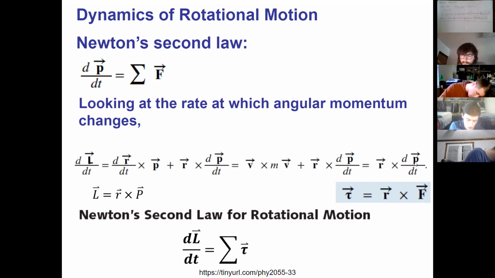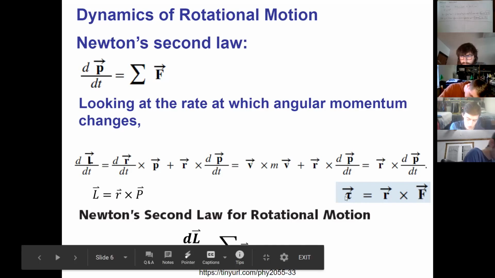Now, dP over dt in linear motion, we know is equal to net force F. So this is equal to R cross F, which is the definition of torque from the last lecture.